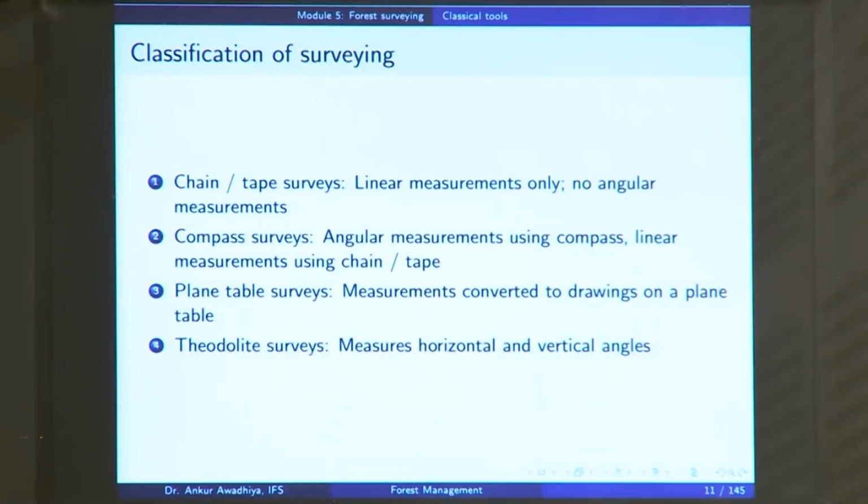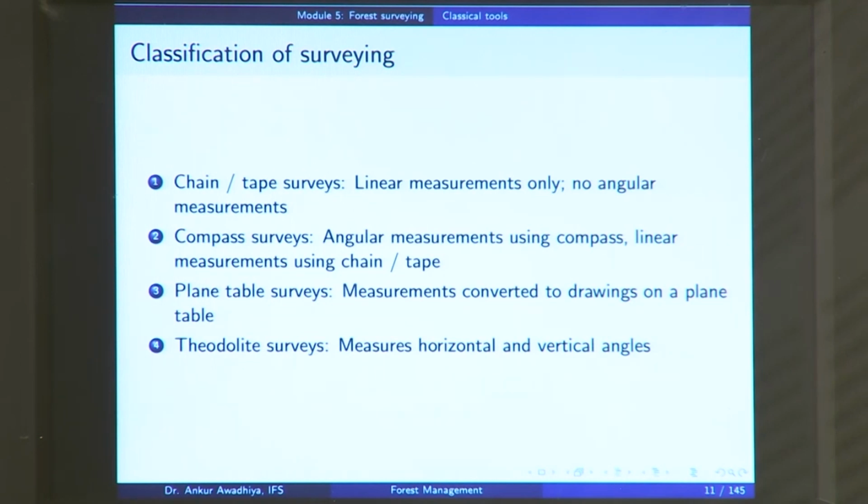Now, these days apart from these classical techniques, we make heavy use of things like GPS, which will directly give you the location of different points by making use of the positions of different satellites, or we make use of total station surveys, in which case you have an electronic instrument that is integrating different measurements, or you can make use of drone surveys, in which case your drone is flying and you take the measurements of the position of the drone and the angles of different points on the ground, and you can very easily represent it in the form of a drawing.